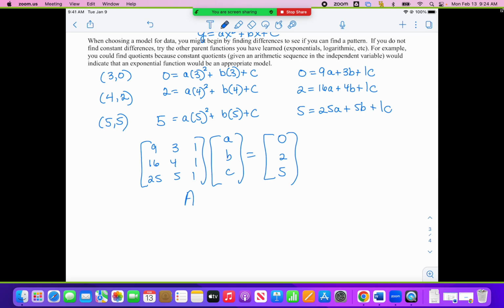So this is my A times X equals B. And what we're actually doing, once you get your A matrix in, your B matrix in, you can do A inverse times B. So hopefully you remember how to do this.